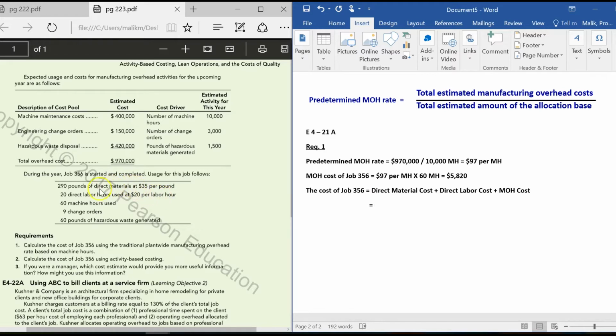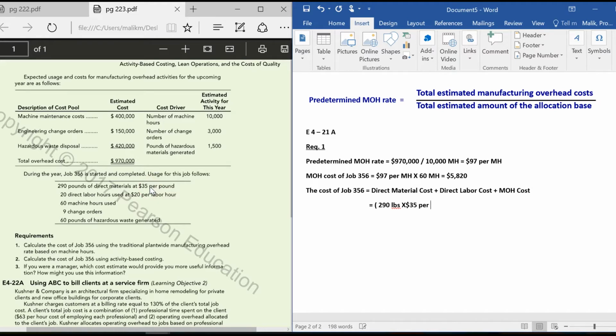So if you look here, their actual table for this job 356, the company actually used 290 pounds of direct material, and for each pound the cost is $35. So to know the direct material cost, we need to multiply these two: 290 pounds of direct material multiplied by the cost per pound, which is given here, $35.